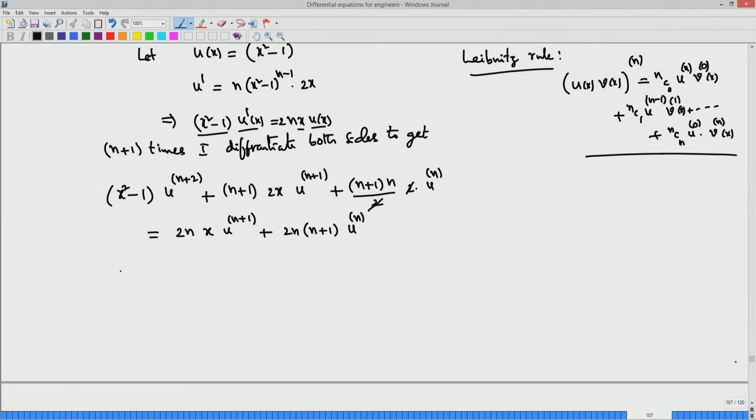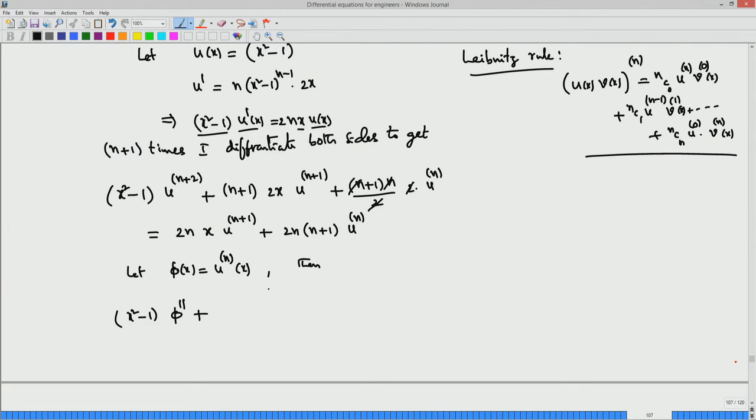If you choose this u^(n), let us simply consider φ(x) as your u^(n)(x). Then what happens to your φ(x)? You get (x² − 1) φ'' since two derivatives are left, already n derivatives I have taken in φ, so you have n plus 2. Then you can see that the n² terms on both sides will go.